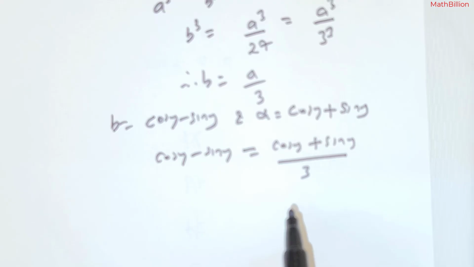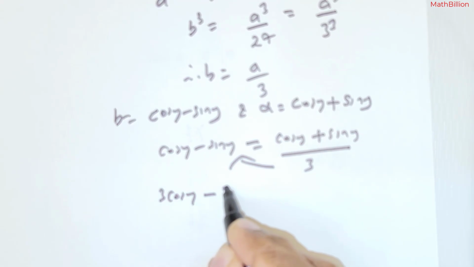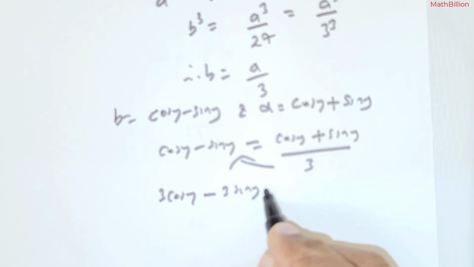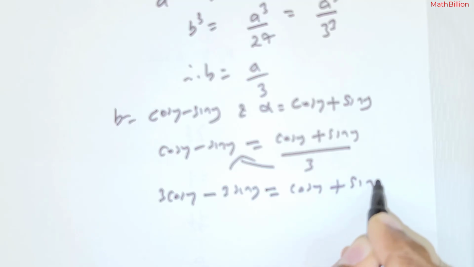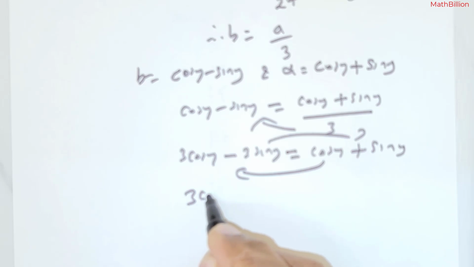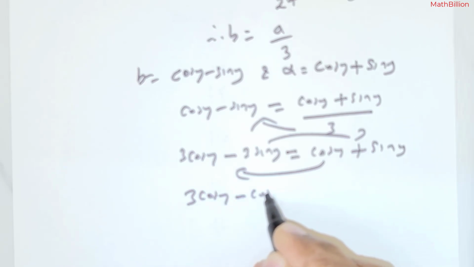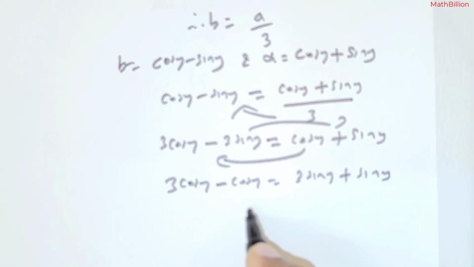So you can actually cross multiply. You get 3 times cos y minus 3 times sin y is equal to cos y plus sin y. You move this negative to the other side, move this cos y, you get 3 times cos y minus cos y is equal to 3 times sin y plus sin y.